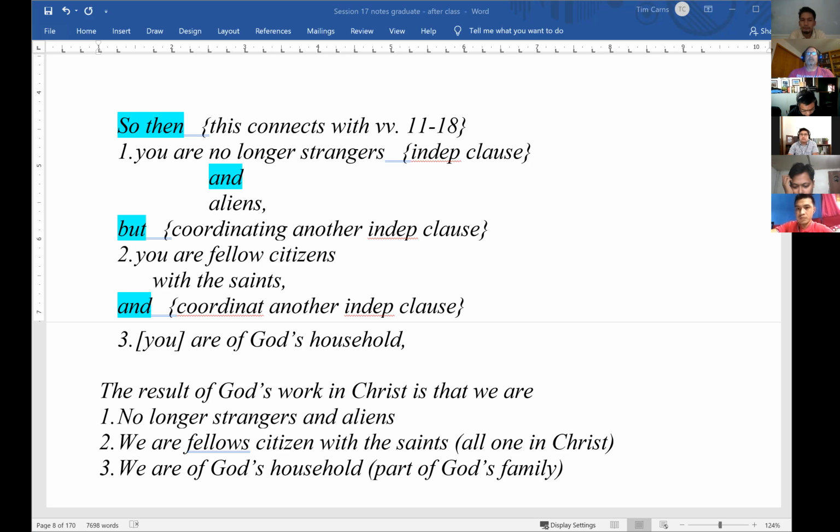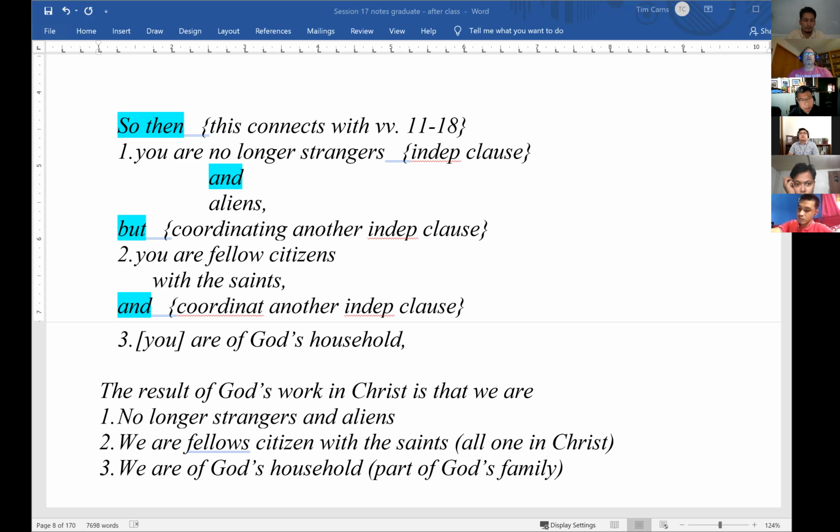He uses kai here. So probably the better translation might be "and," but in Greek, it is a coordinating conjunction. Kai is a coordinating conjunction. And then when he says, "and you're of God's household," it's again kai, a coordinating conjunction.